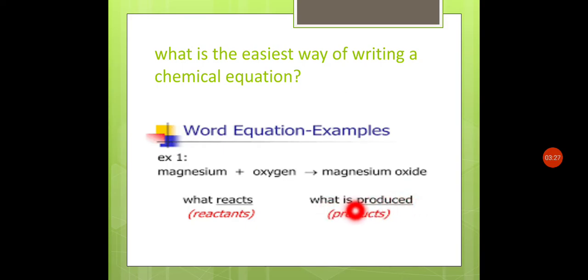What is produced is basically the product. So here magnesium oxide is the product, and magnesium and oxygen are the reactants.